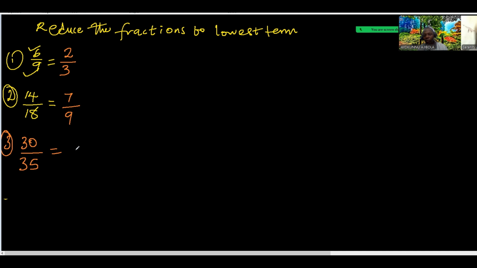So can you think of a number that can divide 30 and 35? 30 and 35. That should be on the 5 times table, right?